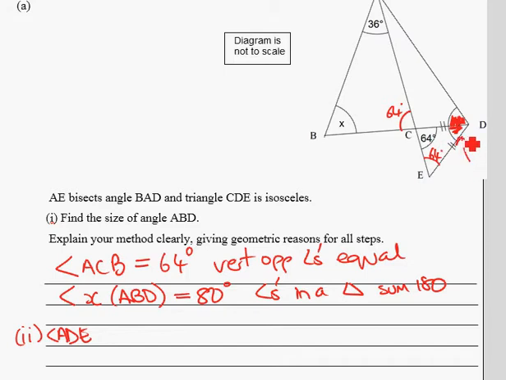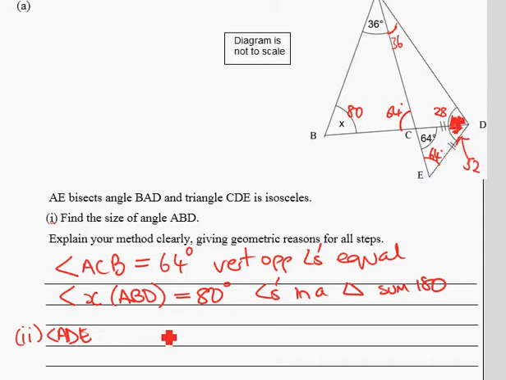So isosceles triangle, 180 minus 2 lots of 64 makes that 52. And angles in a triangle, now that we've found this one is 80, 36, and that's 36. So that whole angle there is 72, and an 80 would make this bit 28. And then adding the two together makes an angle of 80.